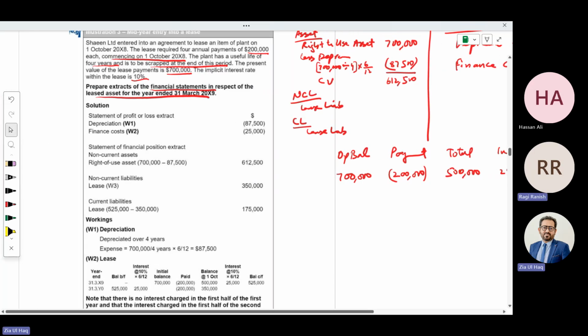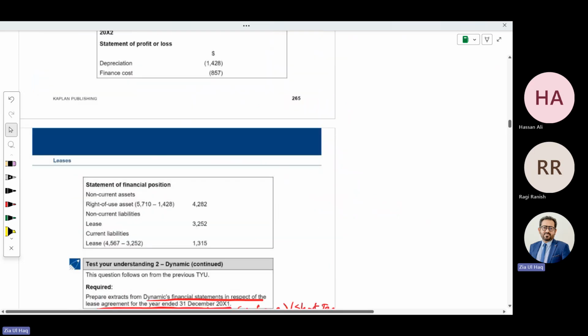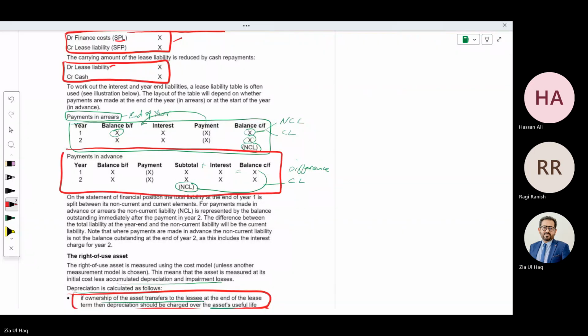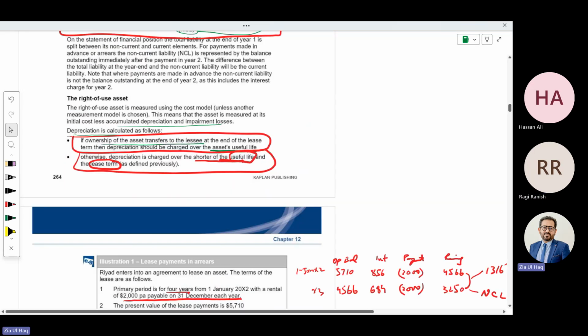And if we look at the topic where we have covered this, the non-current liability will be found from this subtotal rather than here. Okay.